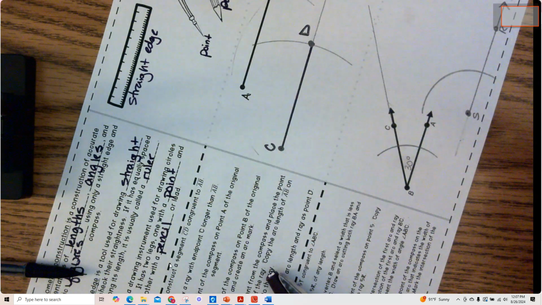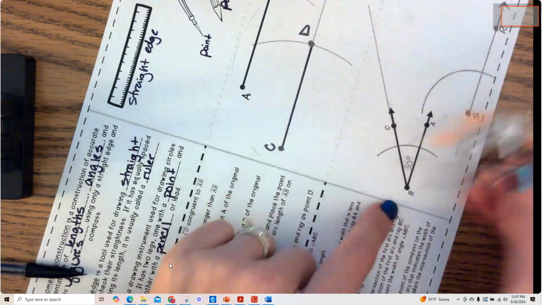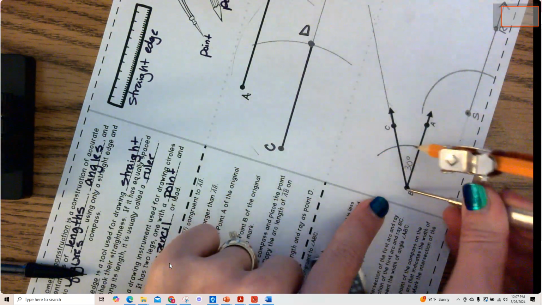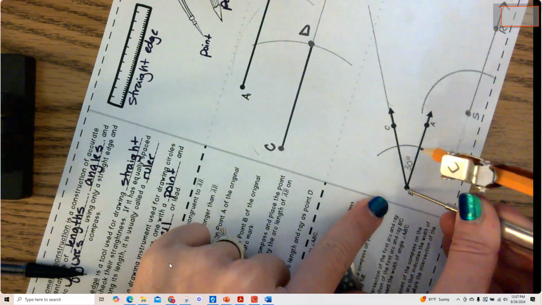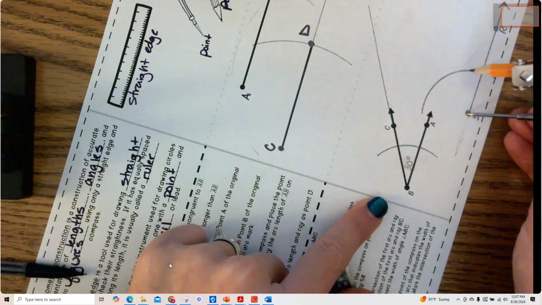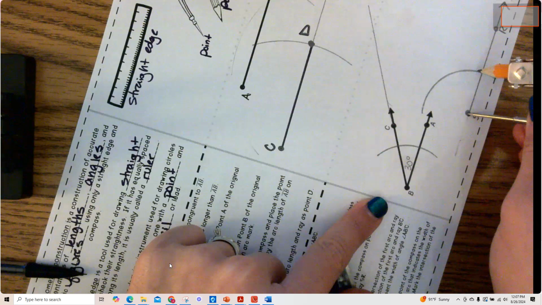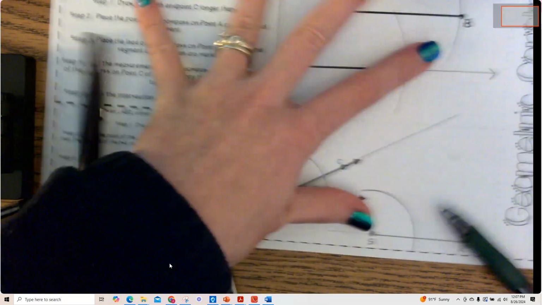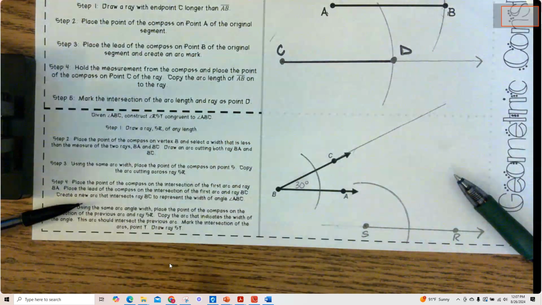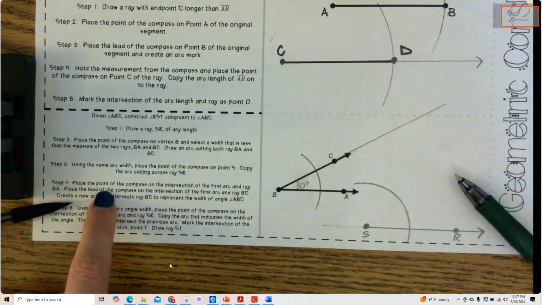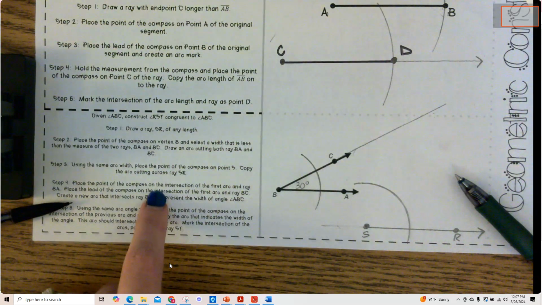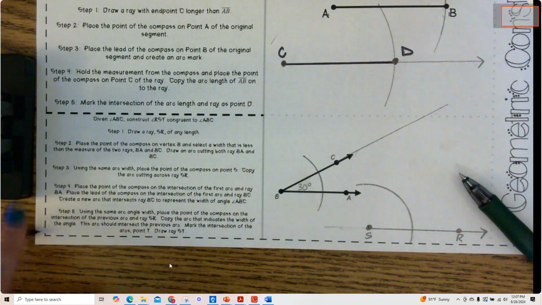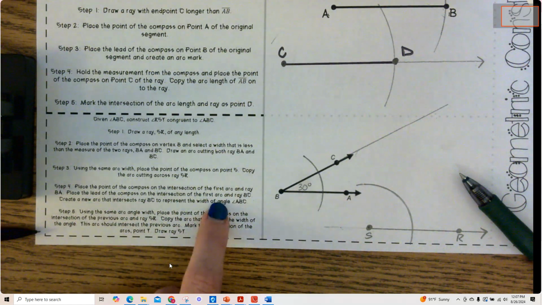Okay, so we drew a ray, we drew an arc on the original angle, and then the same arc measurement where my new one's going to go. Okay, all right, next step. Place the point of the compass on the intersection of the first arc and ray, and then place the lead on the second.